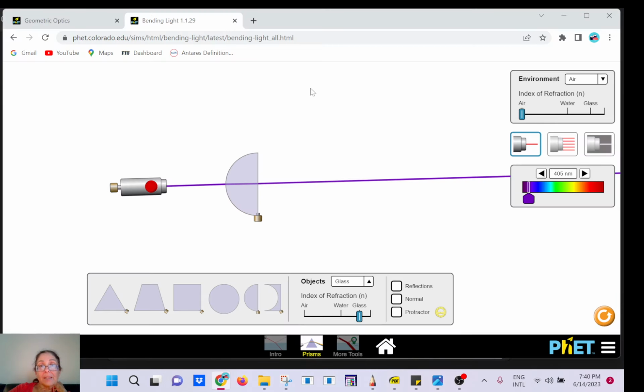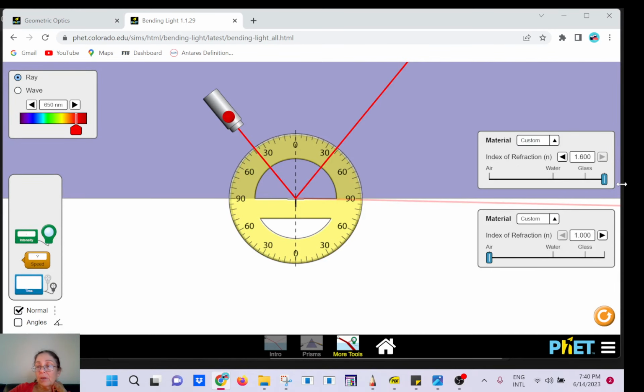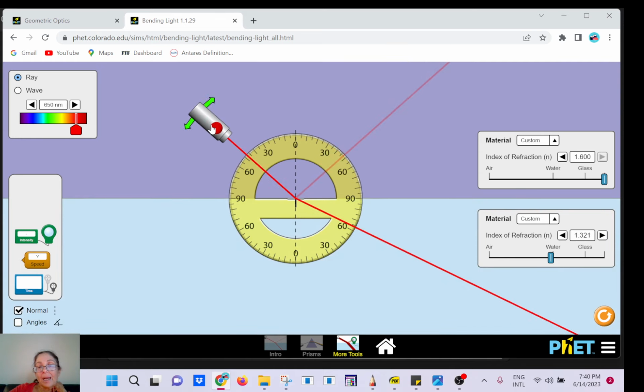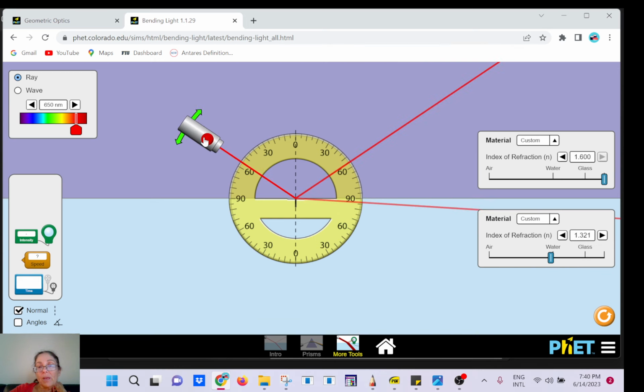Okay, so I can show you that here. So here you see the critical angle is about 38, almost 40 degrees. But now if I have less contrast in the density for the two materials, if I put water here, you see that the critical angle will be way larger, right?